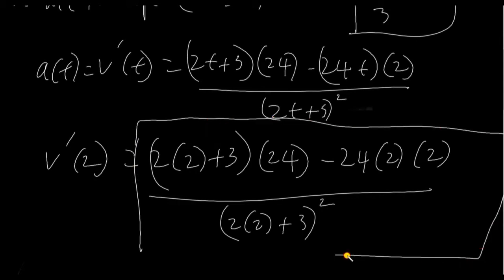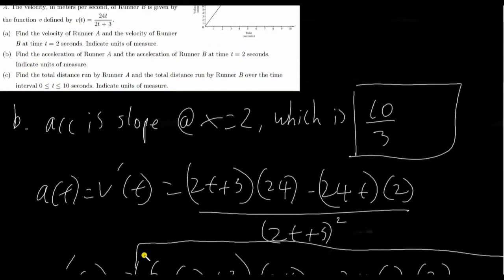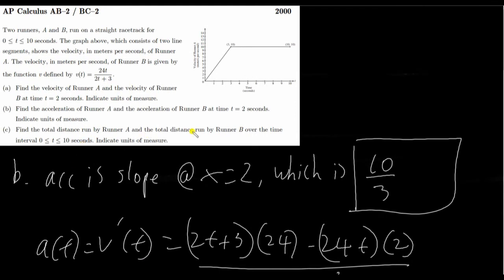And then for units. To find the units, we want to take the units for the y-axis of the graph and divide it by the units of the x-axis. The units for the y-axis are meters per second, and the units for the x-axis are seconds, so we're dividing this by seconds. So you get meters per second squared.